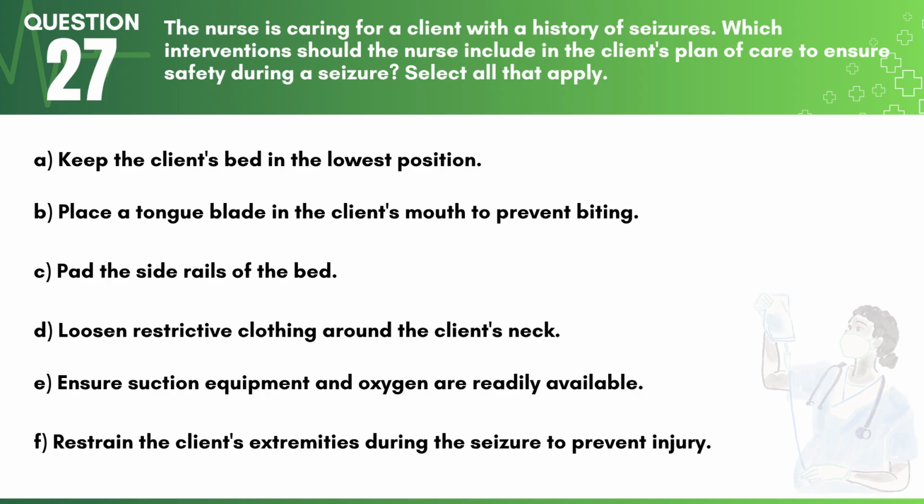C. Pad the side rails of the bed. D. Loosen restrictive clothing around the client's neck. E. Ensure suction equipment and oxygen are readily available. F. Restrain the client's extremities during the seizure to prevent injury.